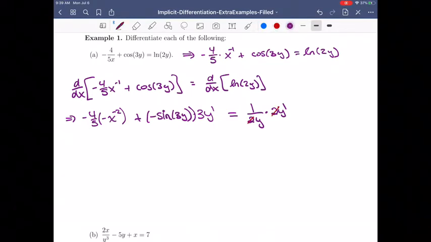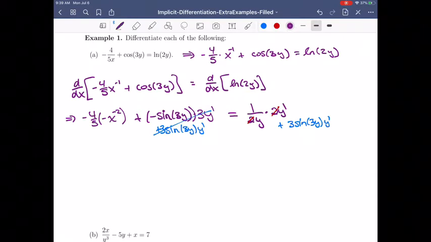So now I want to get the y's by themselves. So what I'm going to do is add this term to the other side. Then it's gone on this side.